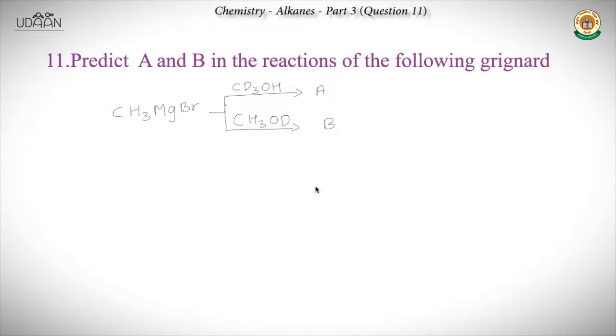A very straightforward question: predict A and B in the reactions of the following Grignard. So let's get to it. So, Grignard, basically RMgX, it provides R minus. The first thing is, it can act as either base or nucleophile.